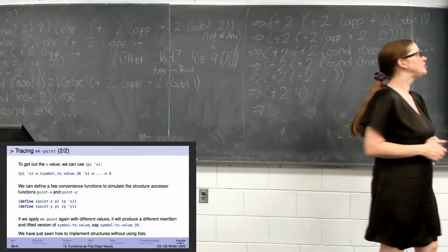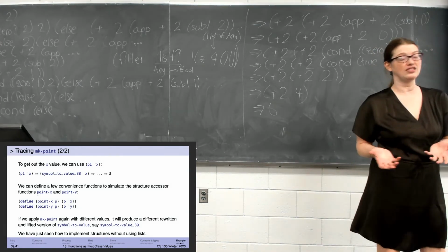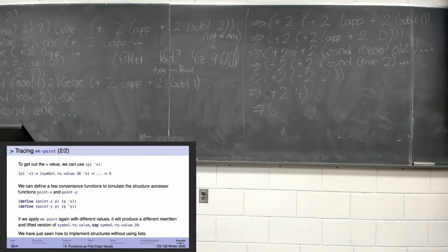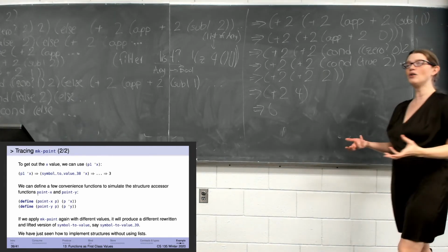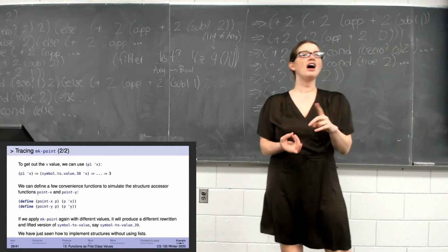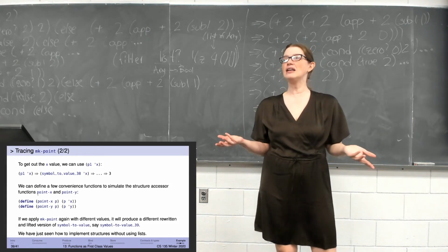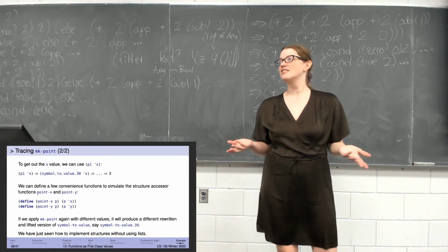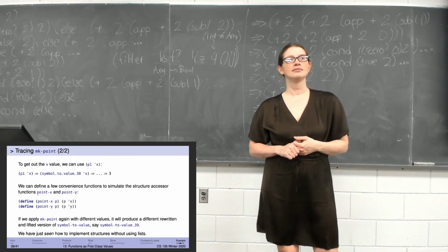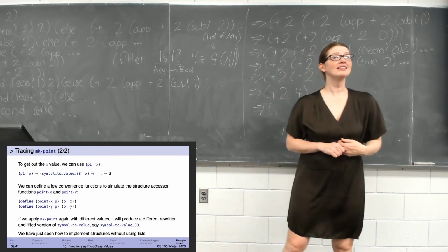So what you're going to do is write wrappers for the selectors. You'll say point-x of p, you apply p to the symbol x. You'll write these wrapper functions for the selectors, and now you have the constructor and the two selectors. You've essentially simulated structures. It's kind of cool, I think.